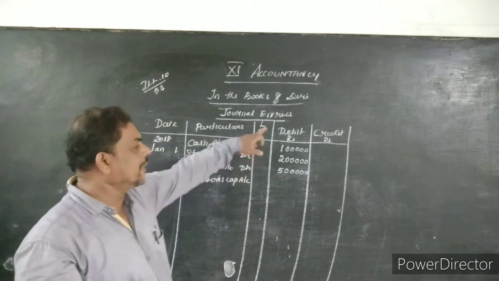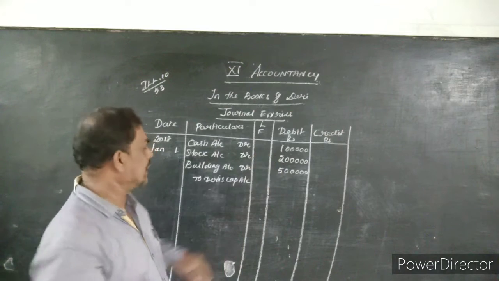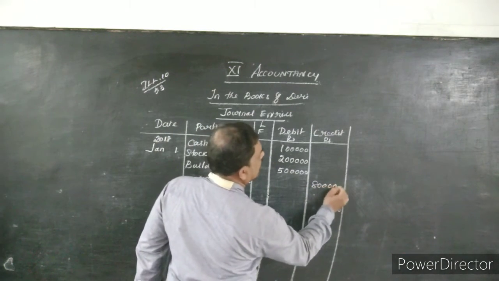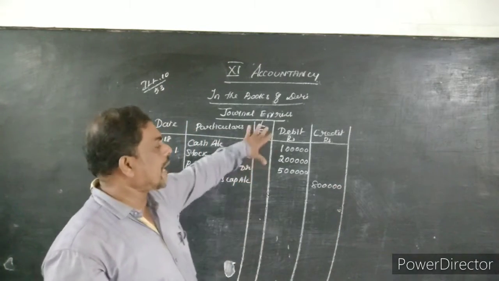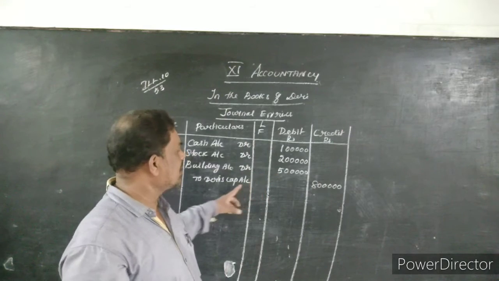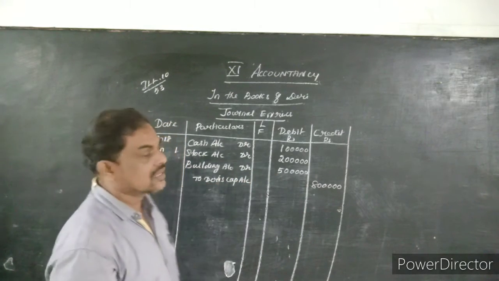The rule is debit should be equal to credit. So you add all these, 8 lakhs will come. So to Derry's capital 8 lakhs. Debit is totally 8 lakhs, and that 8 lakhs was contributed by Derry, so to capital account 8 lakhs.